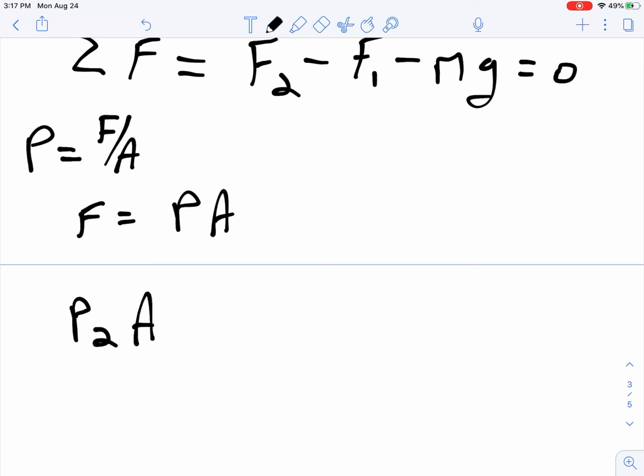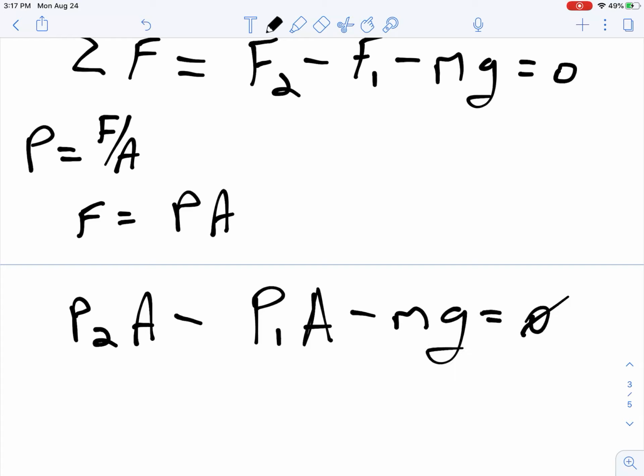Now we're pretending this is a cube for now, so the areas are going to be the area of the side that we're talking about. So this is the area of the bottom of the cube, so it's A. Minus force 1, which would be pressure 1 times area. It's the same, it's a cube, so the area is the same. Minus gravity, right? Which would be mg. And all that has to add up to 0.